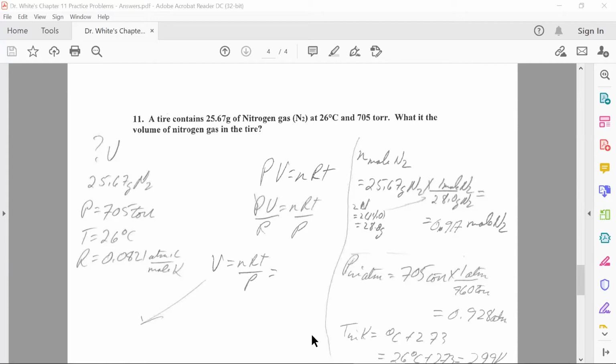Remember, don't do the conversions, just figure out what you are being asked to find and what you are given.